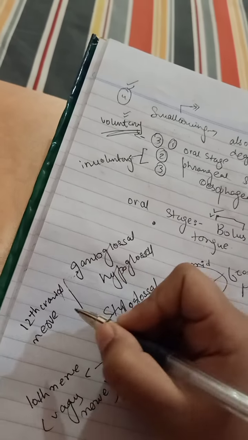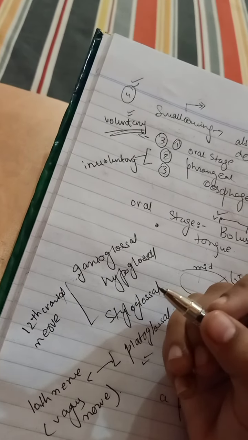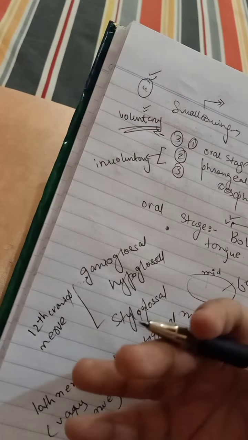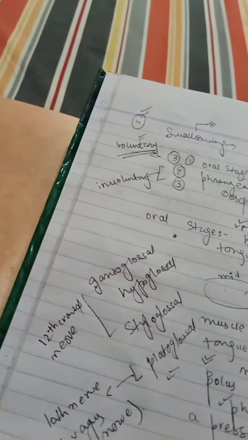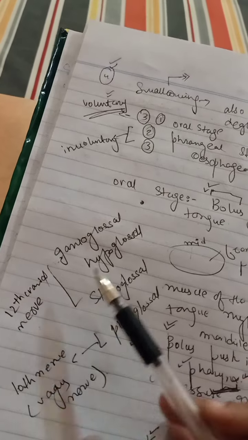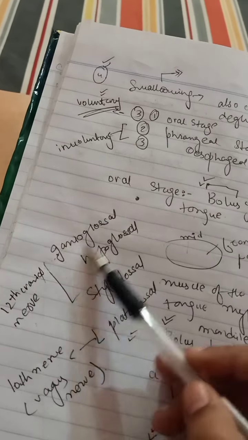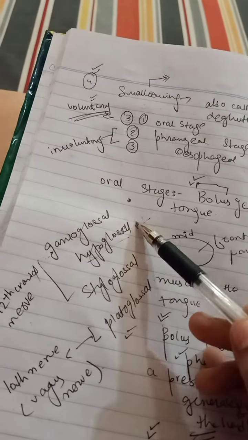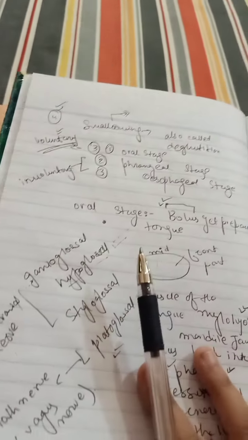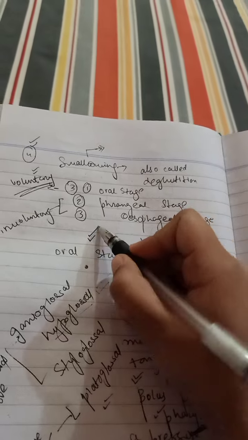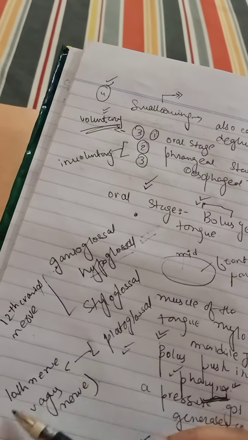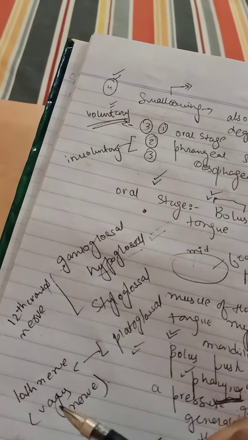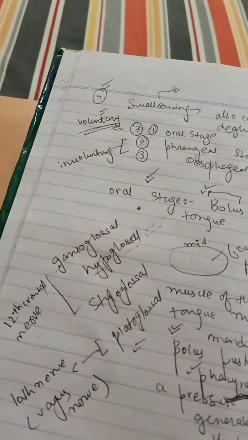Hypoglossal is a nerve, and these are the muscles that have an important role in the oral stage, and they are all controlled by different nerves, the 12th cranial nerve and the vagus nerve.